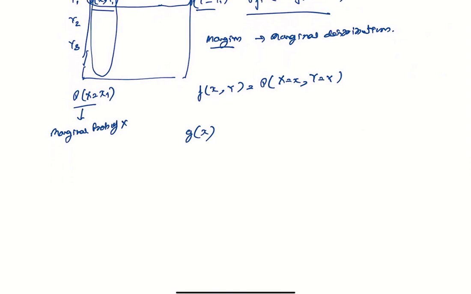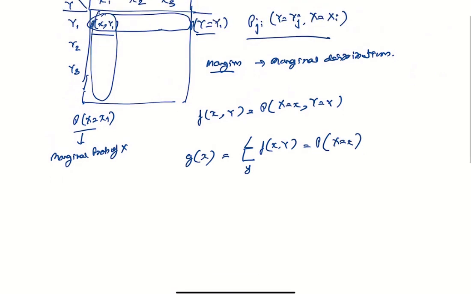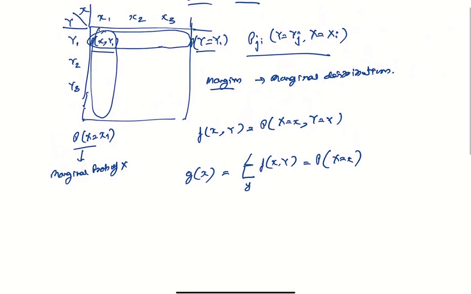Instead of using the notation f, you're using the notation g, and it is the sum over all the values of y of f(x, y), which is the probability of x is equal to x for all the values of y.